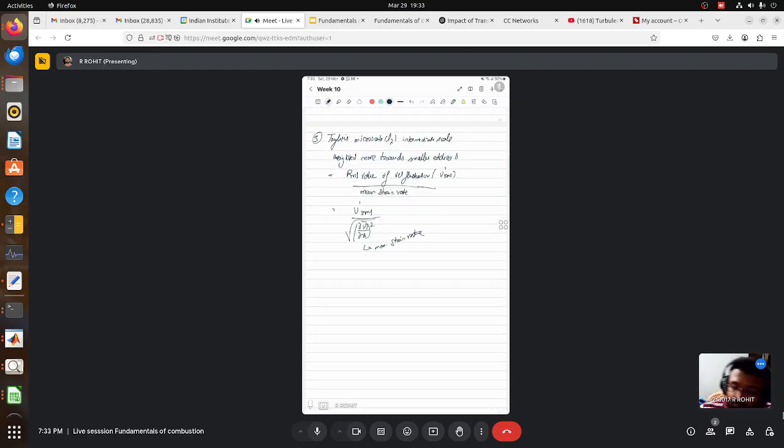Then you were introduced to the Kolmogorov micro scale.